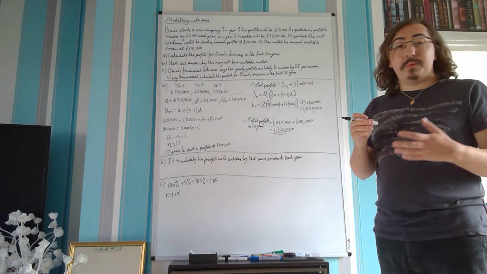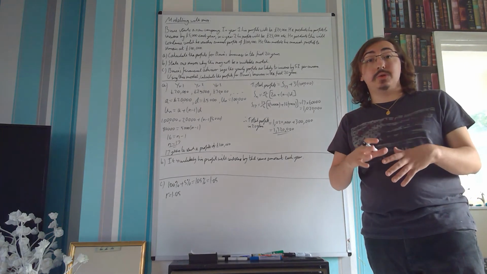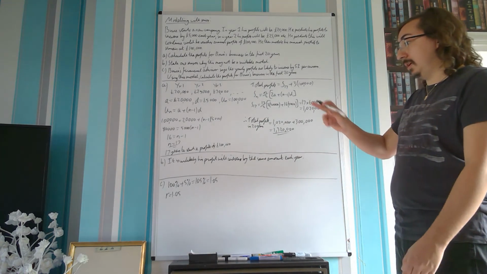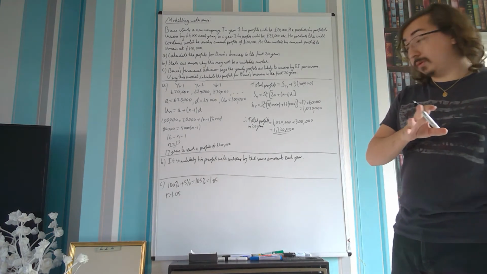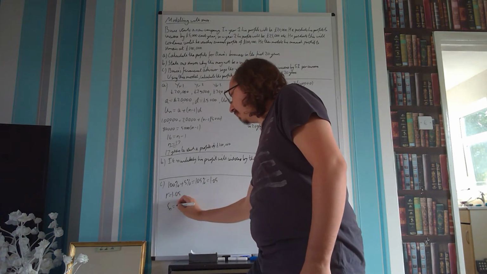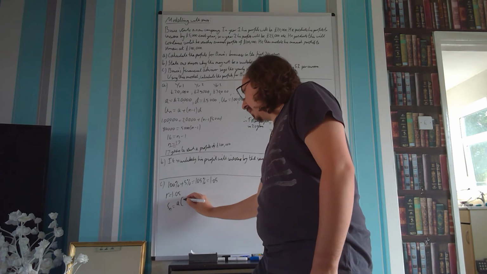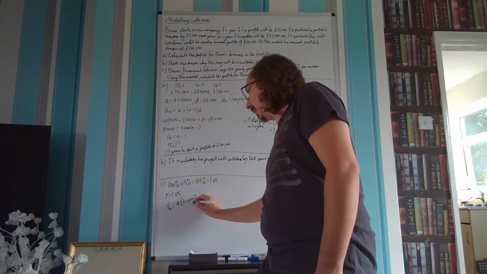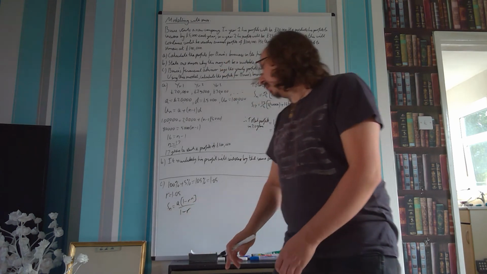Now, because again we want to find the total profits over 20 years, it has to be another summation. But this time, because it is for a geometric series, the formula is slightly different. We have the sum of the first n terms of a geometric series is equal to a times 1 minus r to the n over 1 minus r.